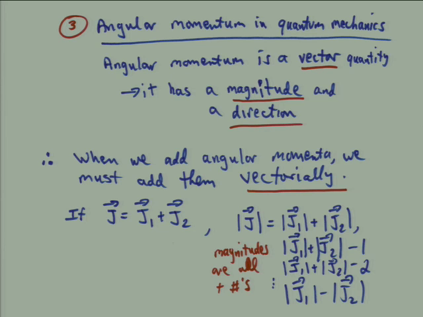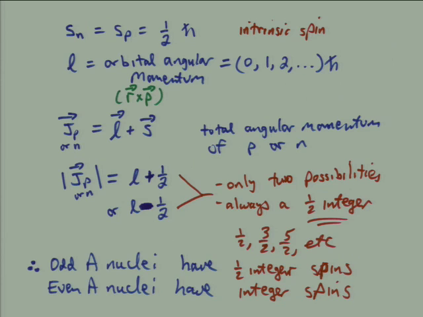And that gives you the maximum possible value of this outcome. The other thing you can do is then take the difference between these two numbers algebraically, and that gives you the minimum value. And then in steps of 1 unit of h bar, fill in everything in between. Those are the possible outcomes. And it just has to do with the relative orientations of those two vectors, J1 and J2.